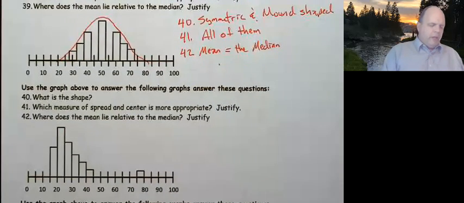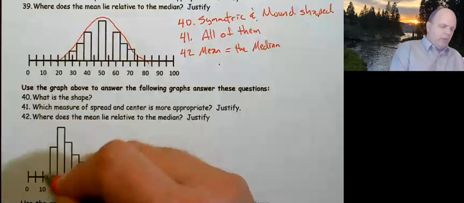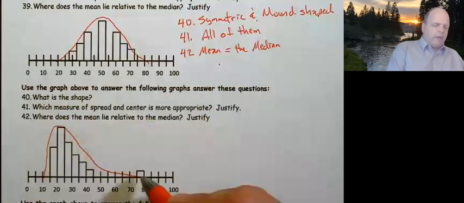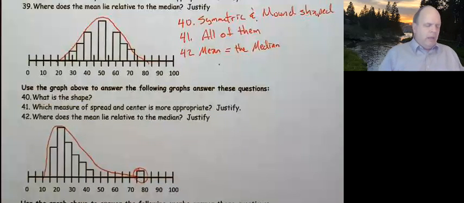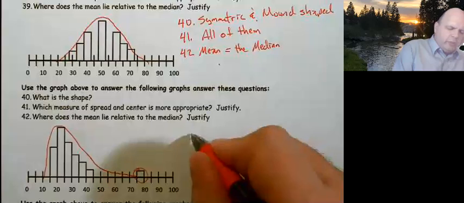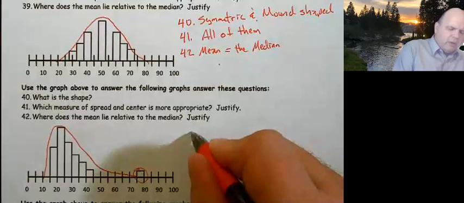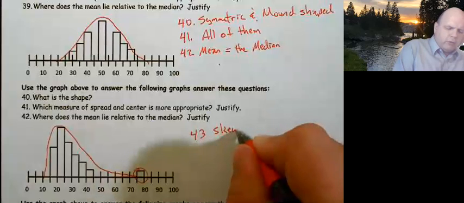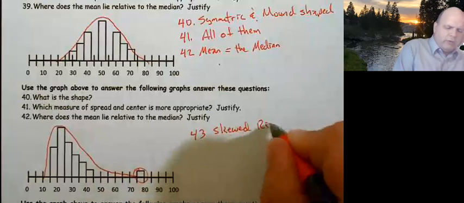Use the graph. Okay, so what is the shape? Well, when I look at this one, it looks like I have an outlier up here, but it looks like this has been stretched to the right. And since it's been stretched to the right, this is going to be skewed right. Stretched to the right, skewed right.